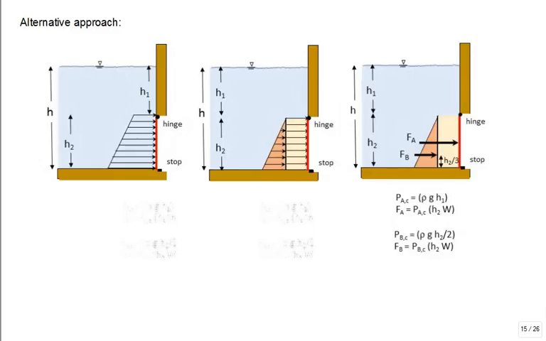There's another strategy. Instead of using all that calculus and those equations to calculate the moment of inertia, you can take a very brute force approach, and I would do that typically. I would say, this is made up of a rectangular and a triangular load.